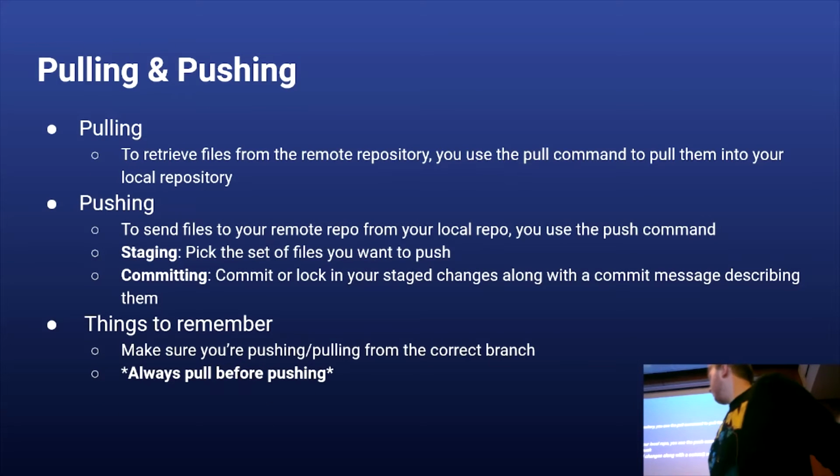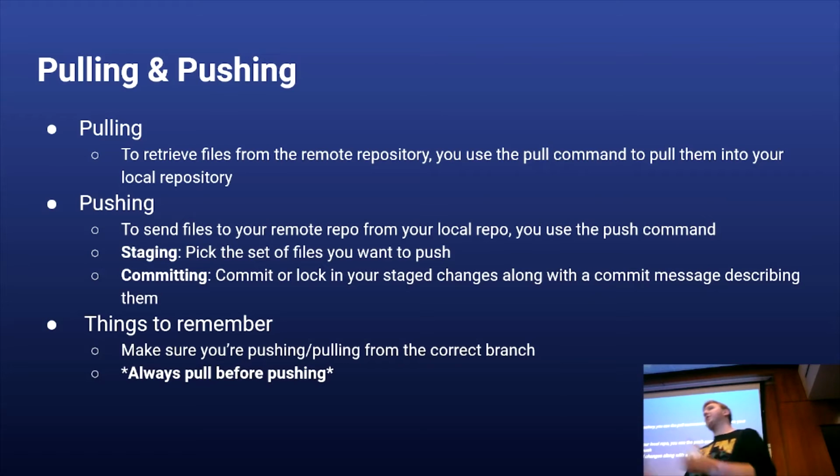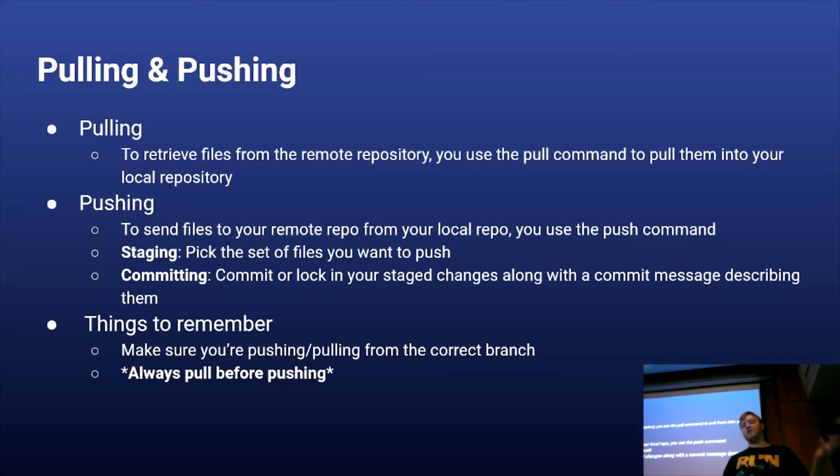Once you've cloned the repo, the way you interact with the files on it is through what are called pushes and pulls. When you push something, you're pushing code from your local machine into the remote machine. And when you pull, you're pulling something down from the remote machine onto your local machine. So let's say person A has made some changes on the project.